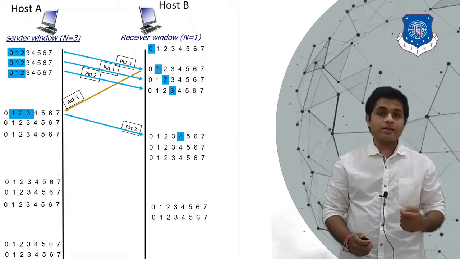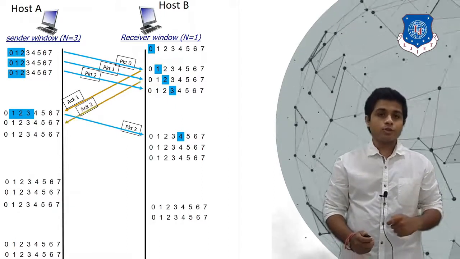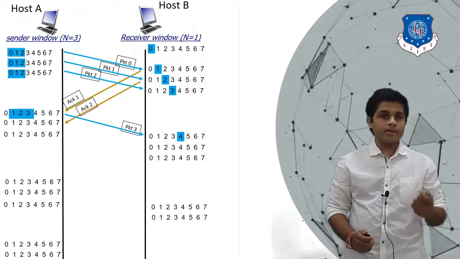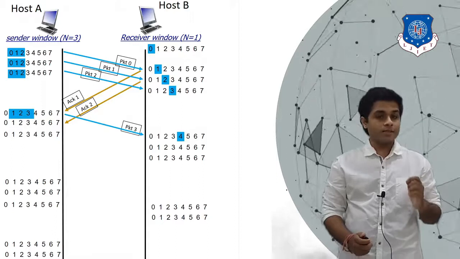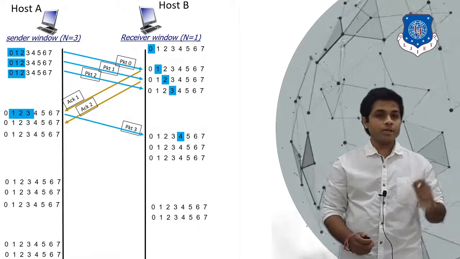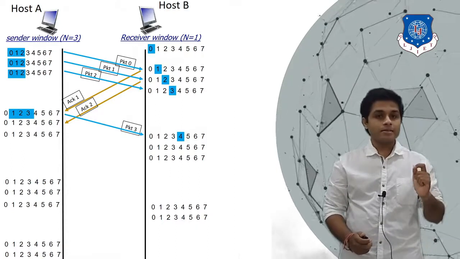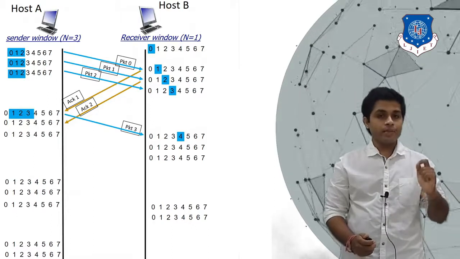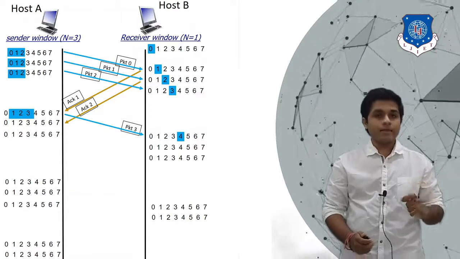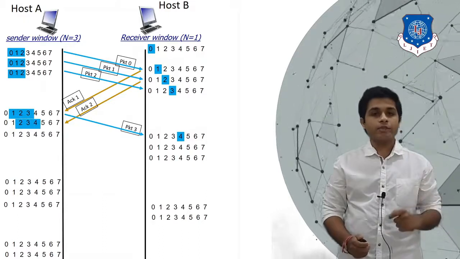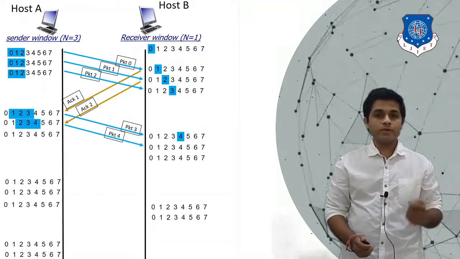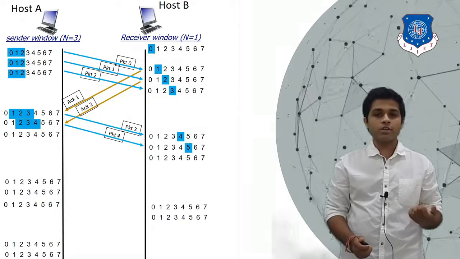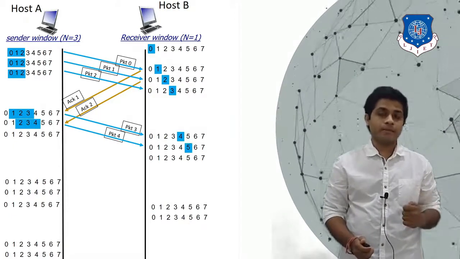So B will send the acknowledgement 2 for the packet 1. As A receives the acknowledgement 2, A knows that its packet 1 is received by B successfully, so the window at device A side will slide and A will send the next packet, which is packet 4. As B receives the packet 4, the window will slide to 5 because it got the packet that it was expecting.